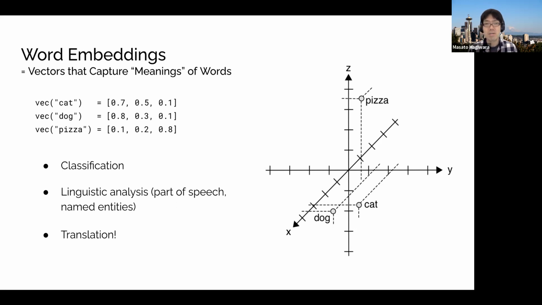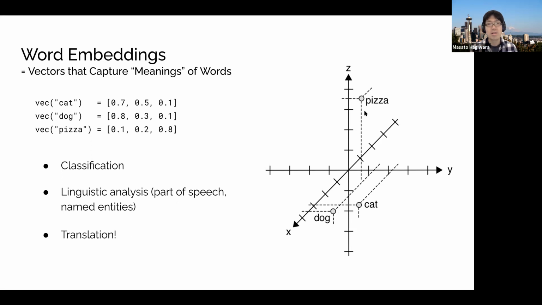So these are all 3-dimensional vectors of continuous values. Because they are vectors, you can plot them in a vector space of 3 dimensions. If you plot them on this XYZ axis, you have a vector for dog here, a cat here, and maybe pizza here.